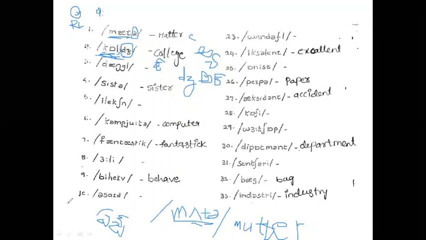For example, the spelling is village. Okay, we pronounce it as village, right? We pronounce as age, but it must be pronounced as village.